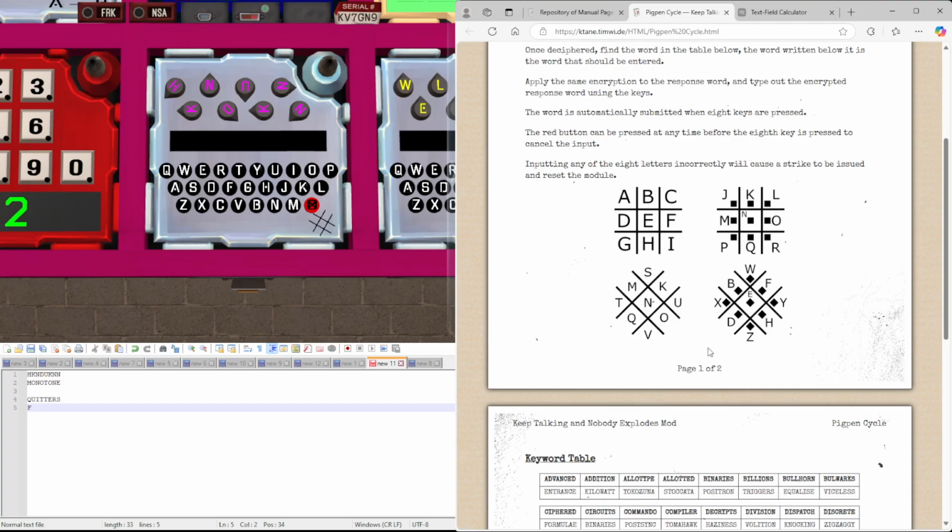This is the first one I'm expecting to get strike on. K. We go to M. Okay, yeah. Right, we're not doing K, we're doing U. So U become S, I think.